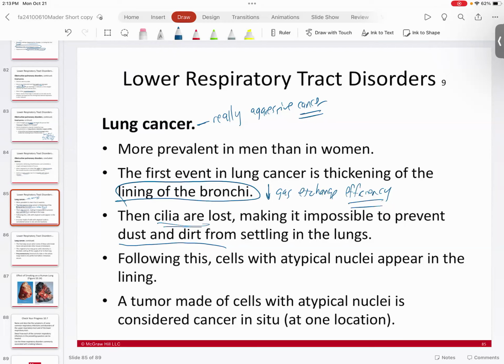Then shortly after this, you start to get a classic marker for cancer, which is cells that have these weird wonky nuclei in them. Because remember, cancer cells are rogue. So they're not doing anything normally. They're not listening to instruction. They're not listening to supervision. They're doing whatever they want.